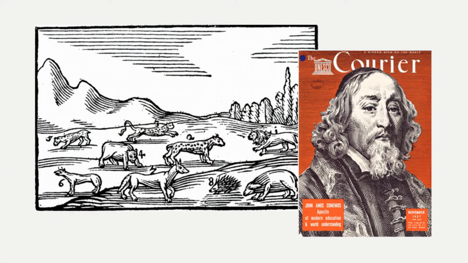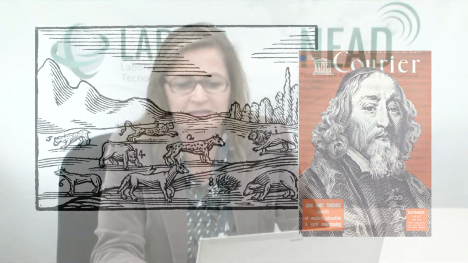But of course, technology was present in language teaching much earlier than that. The use of pictures, for instance, dates back to the 17th century, when Comenius developed picture books to be used in the teaching of Latin to 7-year-olds.